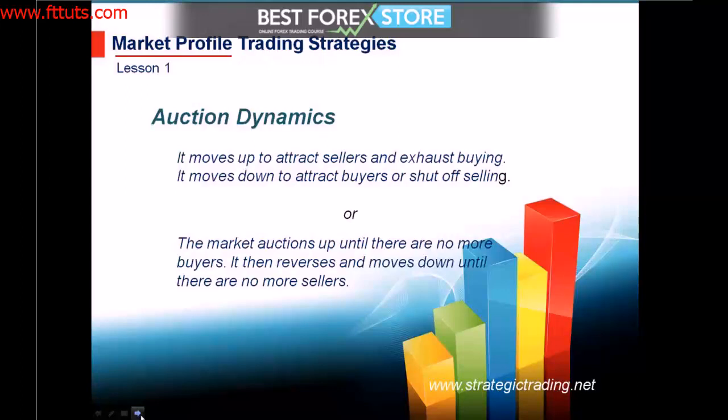So what is happening in the auction? The price keeps moving up, trying to find sellers, people that are willing to sell at that price. They're trying to offer as high a price as possible so that people would be willing to sell. Think of an antique that's unique, there really aren't that many copies of it, and someone owns it.